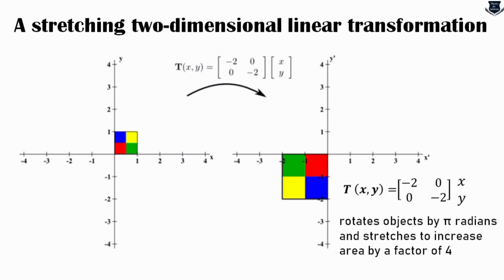So what happens is that it rotates the objects by pi radians and stretches them to increase the area by a factor of 4, right? So this is what is called a stretching two-dimensional linear transformation. I hope things are clear. So from one dimension we saw the determinant which increased, and this is a stretching two-dimensional linear transformation which is rotated.